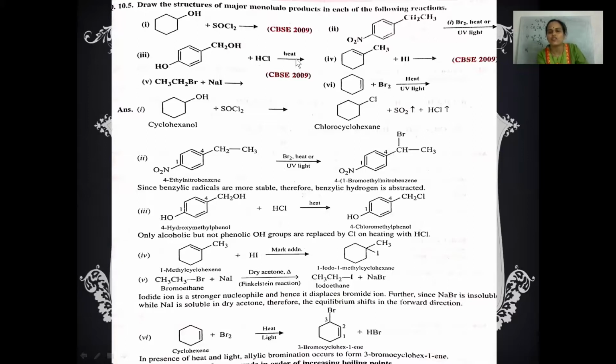And the last one you see is cyclohexene on treatment with bromine in presence of heat, ultraviolet light. Allylic bromination takes place here. In allylic bromination, the carbon is sp3 hybridized and attached next to the carbon-carbon double bond.